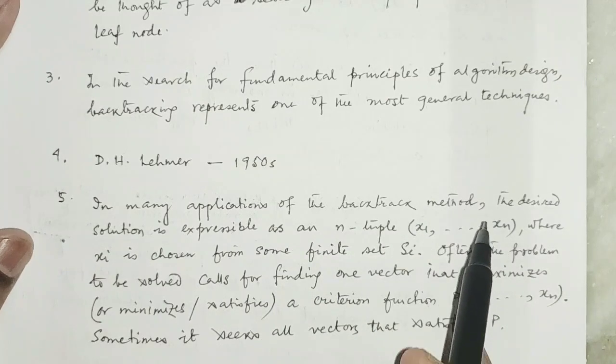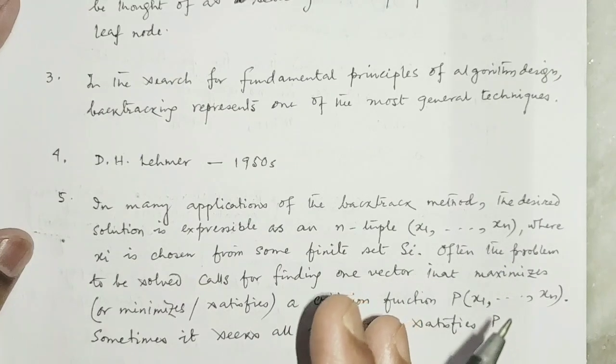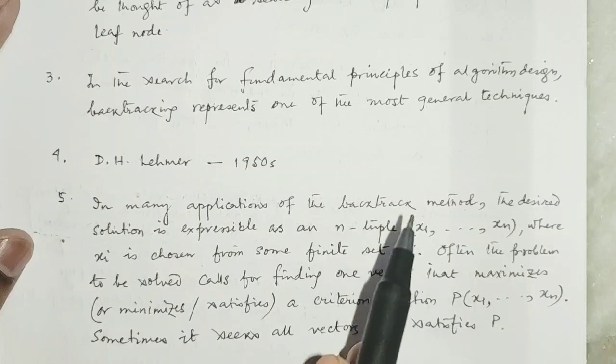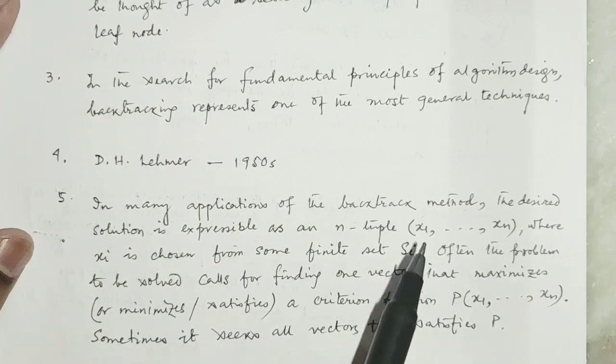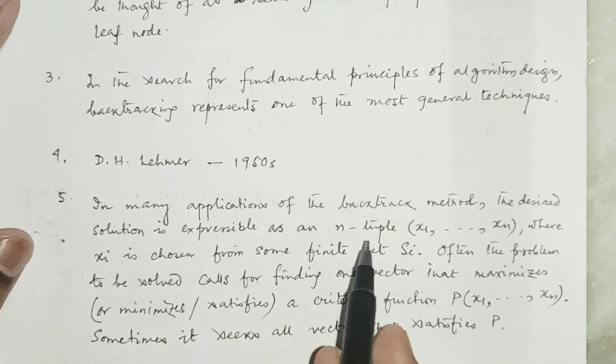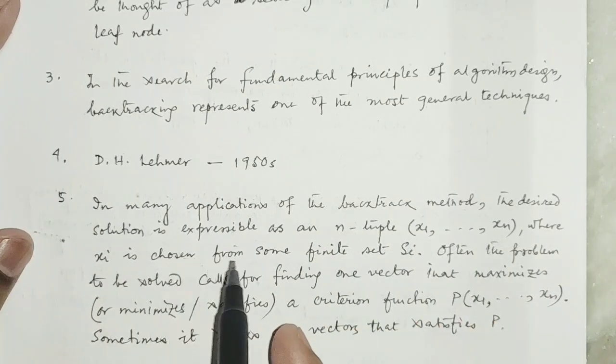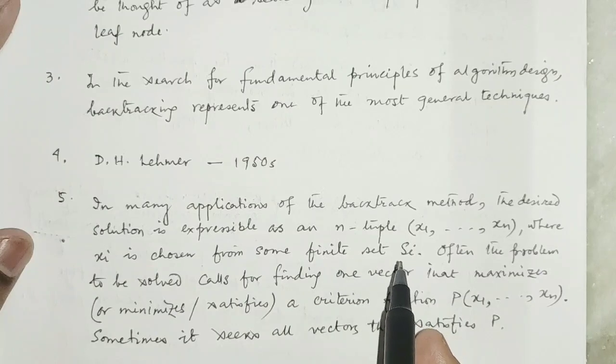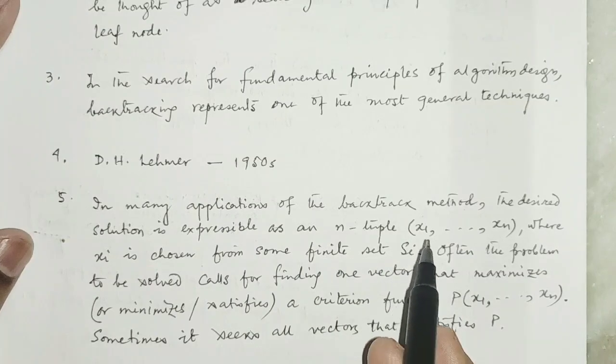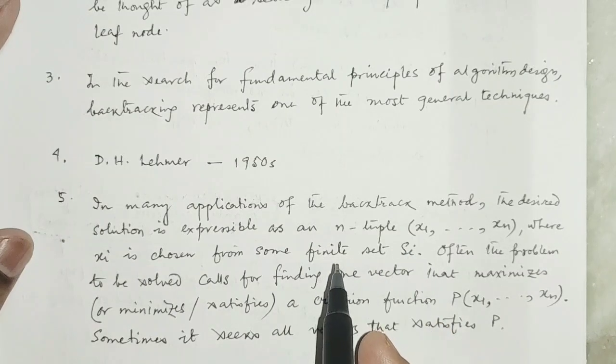You will get familiar with the terminology x1, x2 whenever I solve the n queens problem, and you will better know the significance of x1. Definitely I will provide some simple example where xi, that means x1 or x2 or x3, xi in general, is chosen from some finite set Si. You will get to know the significance of Si later on.